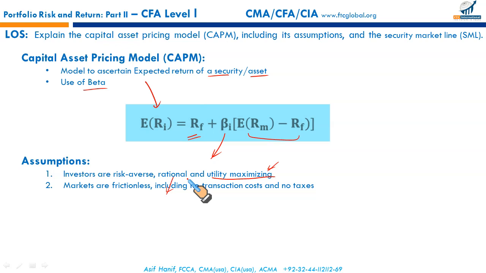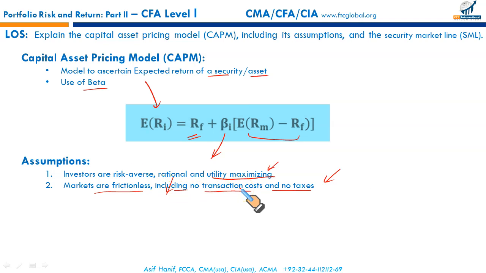Second assumption is that markets are frictionless, including no transaction costs and no taxes. Of course, it's a debatable assumption. How can it be? There are always invariably some transaction costs. Taxes, you can't avoid taxes. Deaths and taxes can't be avoided. They are inevitable things. So markets are frictionless, including no transaction costs and no taxes.